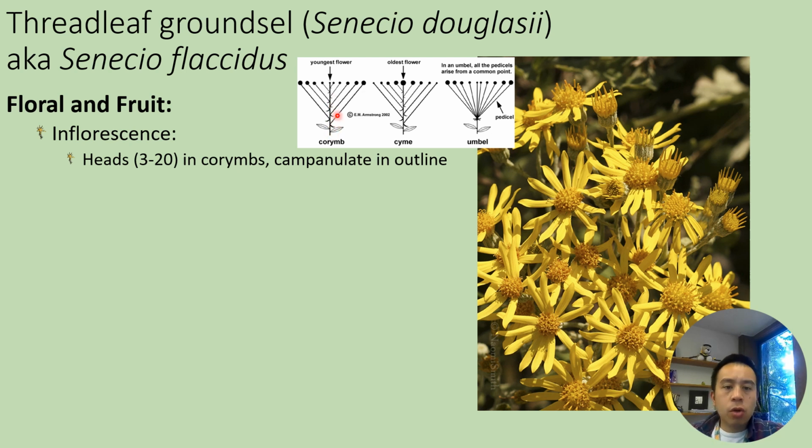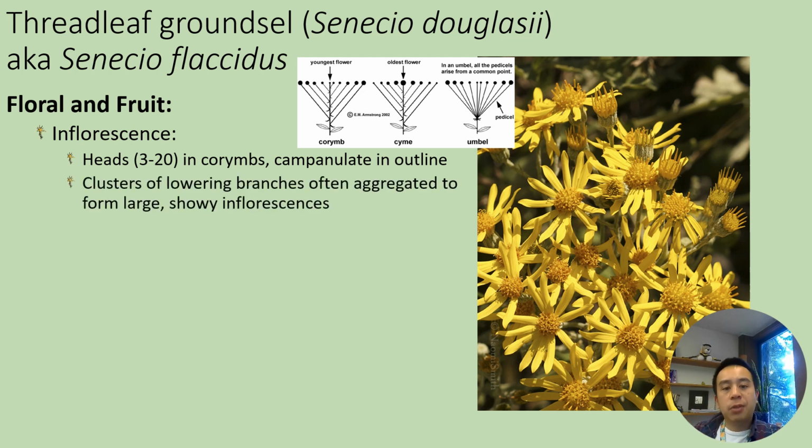And with a corymb, the youngest flowers are typically in the center and the oldest flowers are on the outsides. And these corymbs are campanulate in outline, which means they are bell-shaped, essentially, the overall flower inflorescence arrangement.